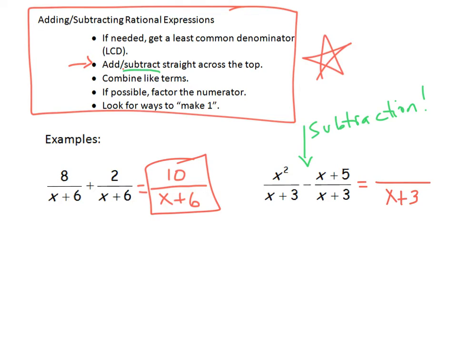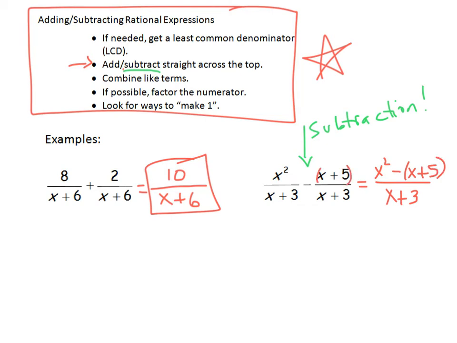So I'm going to rewrite this as x squared, and then I'm going to subtract x plus 5. Now, I'm going to put x plus 5 in parentheses right here because this is a place where people make a lot of mistakes.